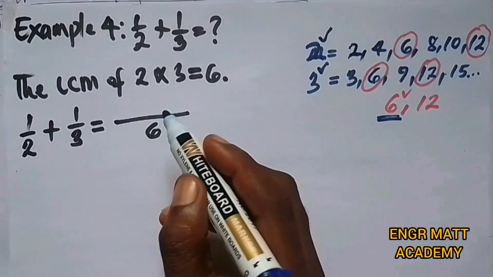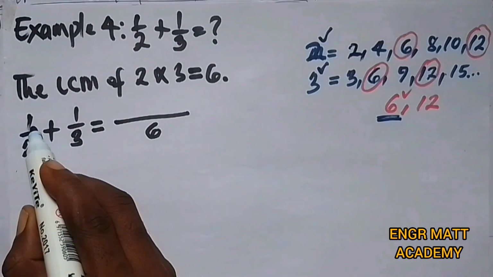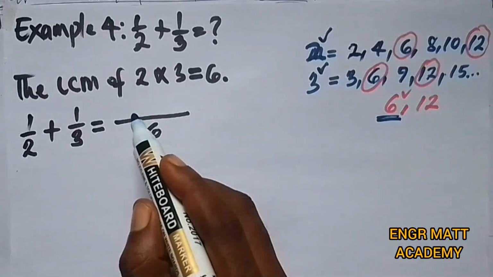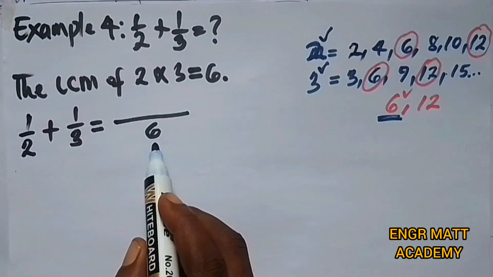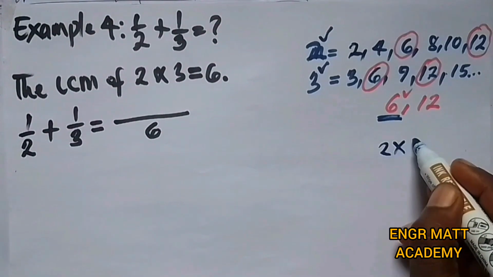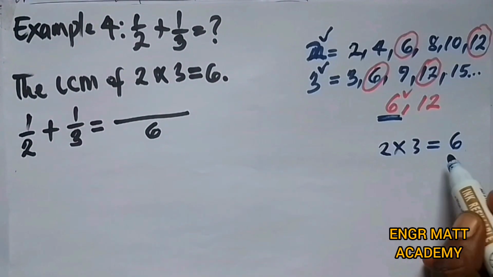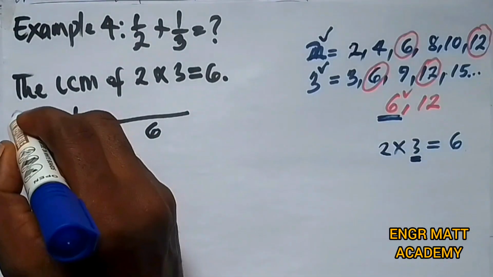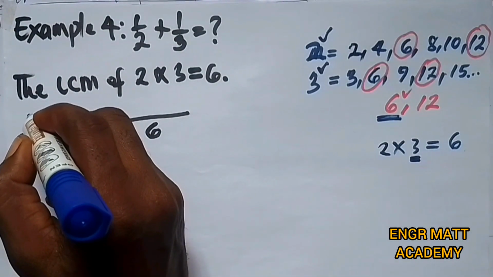So the next step is, do we add the numerators the way we did when the denominators were the same? No. To get 6, what did we do? We say it was 2 times 3 that gave us 6. Because 2 times 3 gives us 6, we use that same 3 to multiply the numerator, the number at the top.